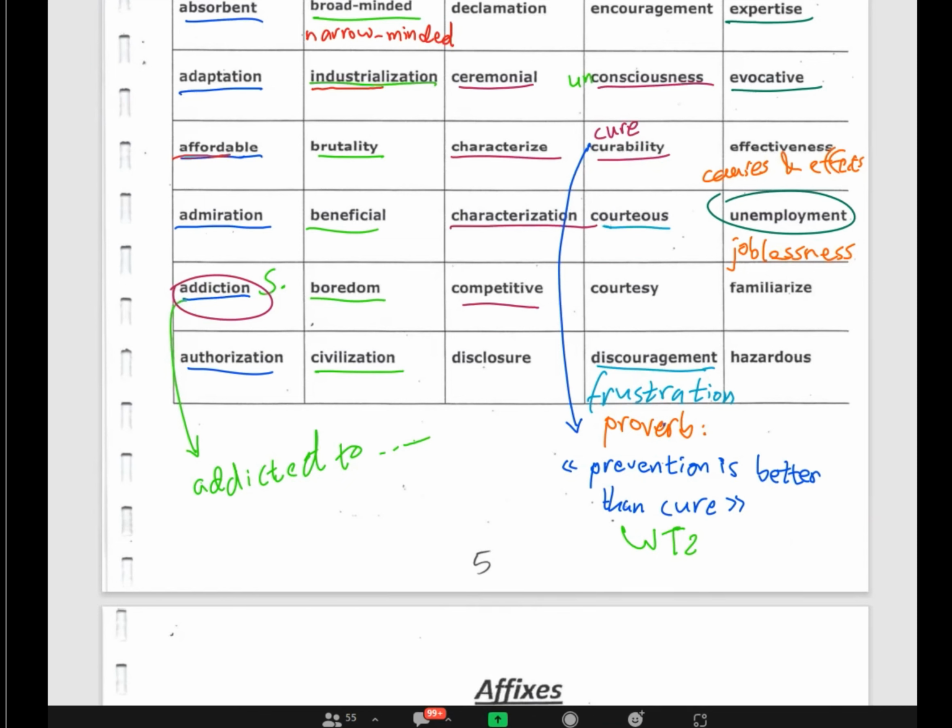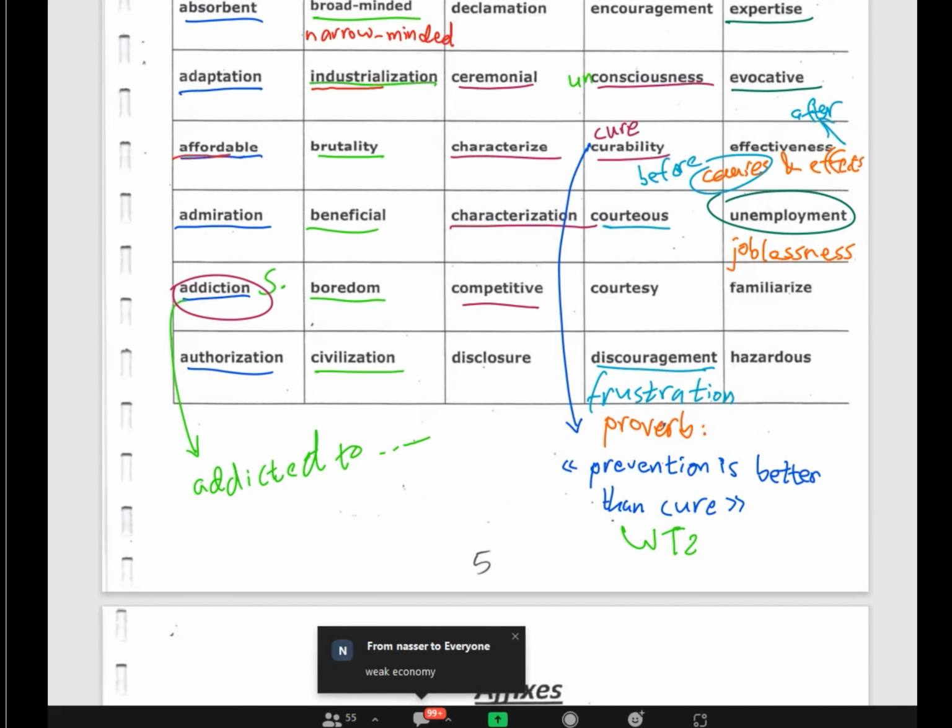Okay? Now, you need to understand that the causes always come before the problem, and the effects come after the problem. We will discuss that when we come to writing task 2.